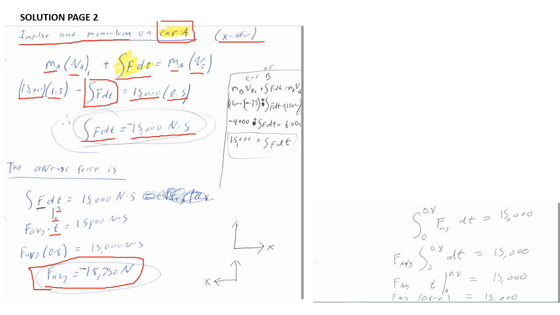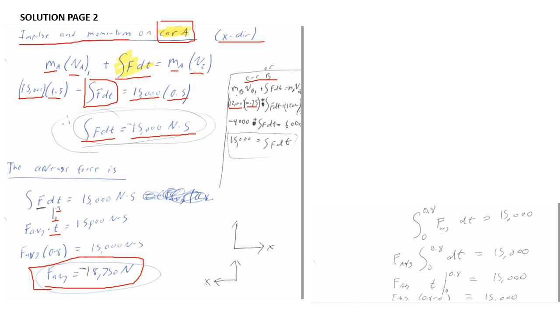Now, we chose to do this with car A, but we can go through and do the same thing with car B. It's the same general equation, but now it's mB vB1 plus the integral of F dt is equal to mB V2. Plugging in our values, we're now dealing with 12,000 and negative 0.75 for our velocity, equal to the integral of F dt, which is equal to 12,000 times our V2.